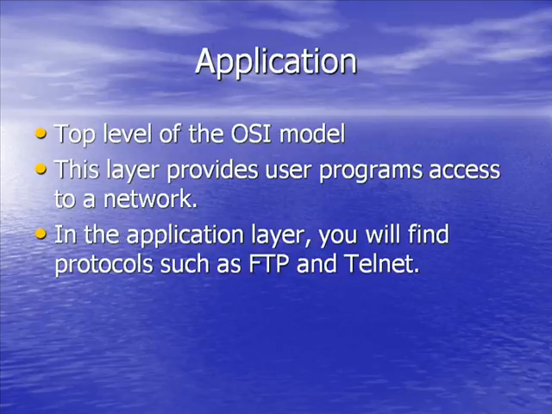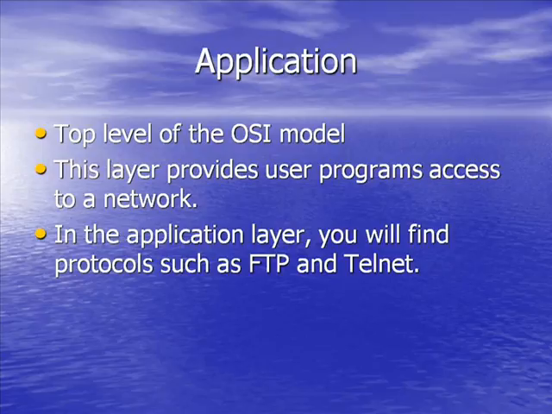Okay, so the application layer is the top layer of the OSI model. It's kind of ironic that it's called the application layer because it's not a program like Word or Outlook, but it's a service that's run on a computer. So let's take Outlook for example. When you send an email, the application layer makes your email into a data package, and it then sends it on to the presentation layer, which is right below the application layer.